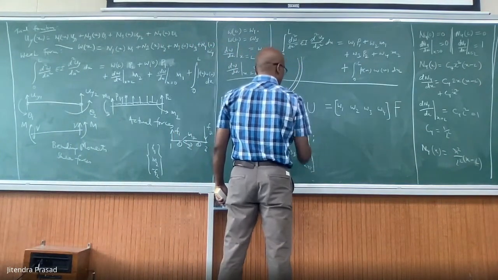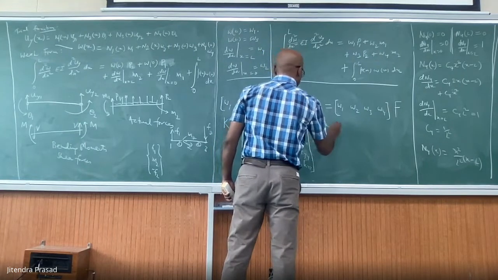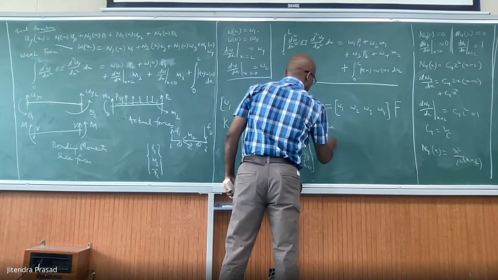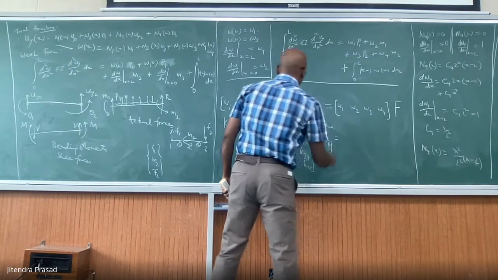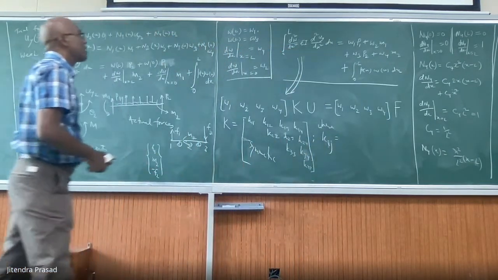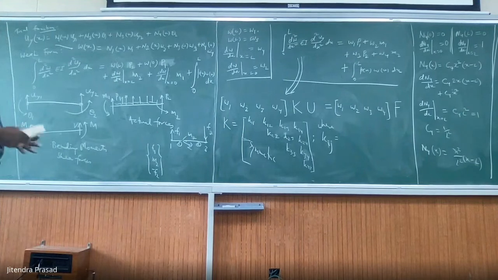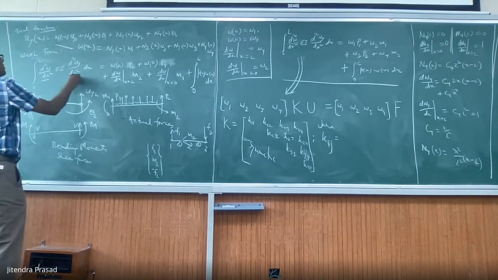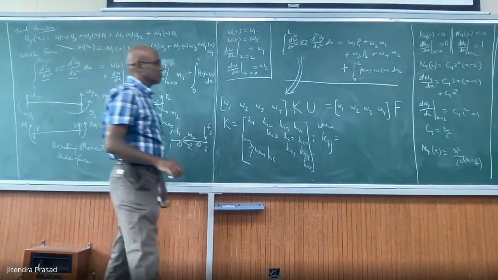You can find out the value, right? K(ij) is equal to, we have done the derivative, so both of them.